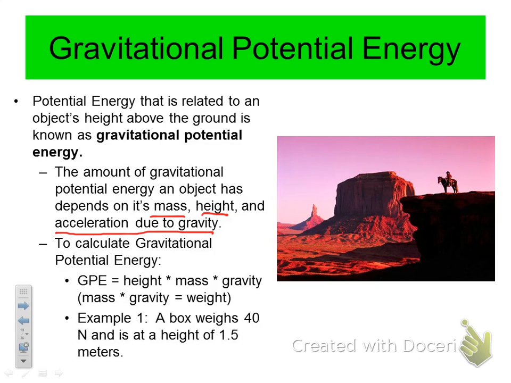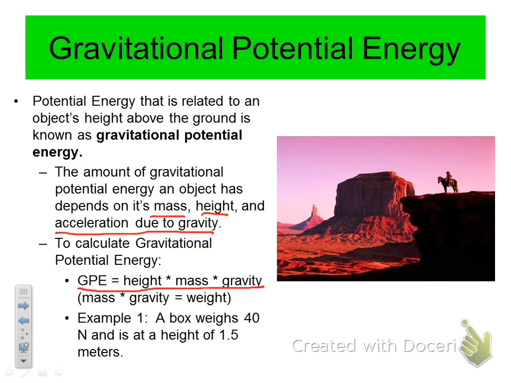So when we fill in our formula and we talk about our formula, we're actually going to write two things. Gravitational potential energy equals height times mass times gravity. And Kelly, I think you asked a question about weight yesterday.